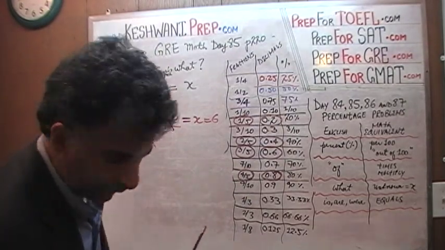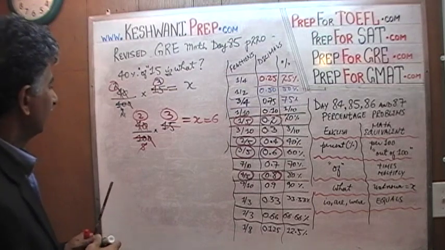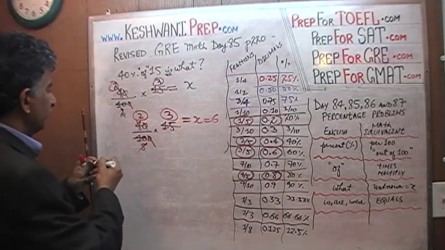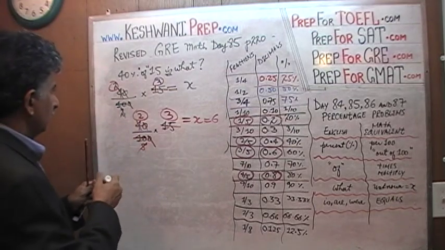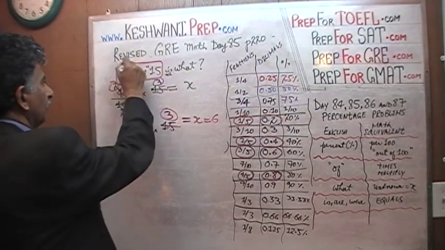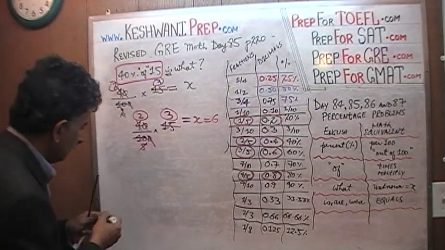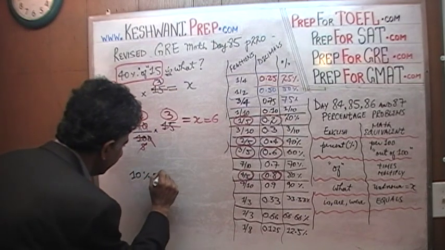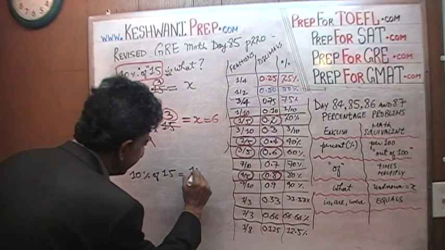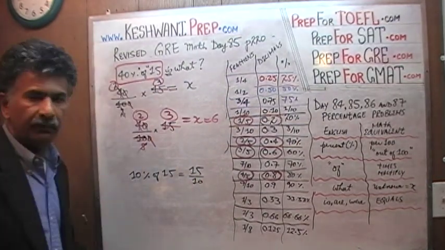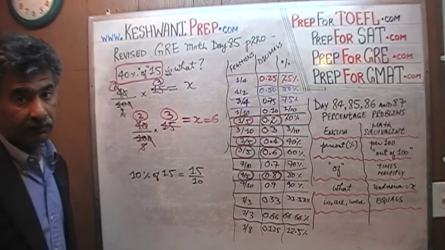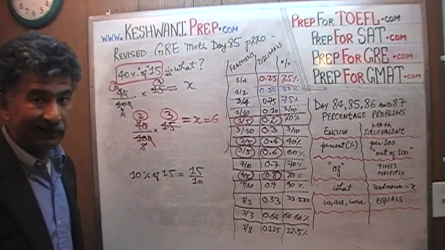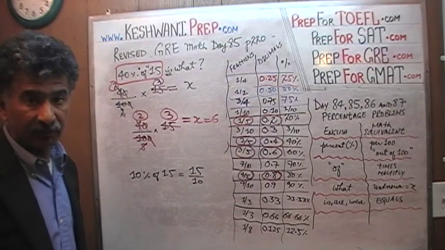Can you convince me that that in fact is the right answer? Well, let's find out. The question was, 40% of 15 is what? I know that 10% of 15 is just 1/10 of 15. 1/10 of any number represents the 10% of that number.